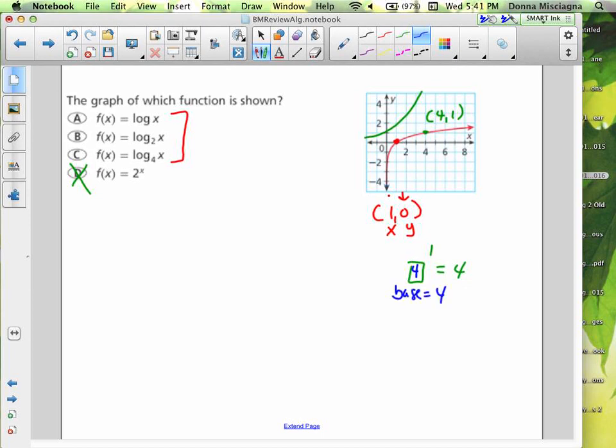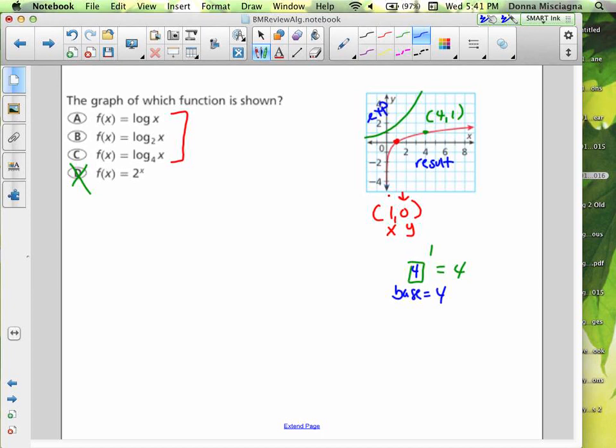So look for clear points. Remember, your x's are your result, and your y's are your exponent. Okay? So 1, 0 is not much help because all of the log functions will go through 1, 0. But then continue on. Look for the next clear point.